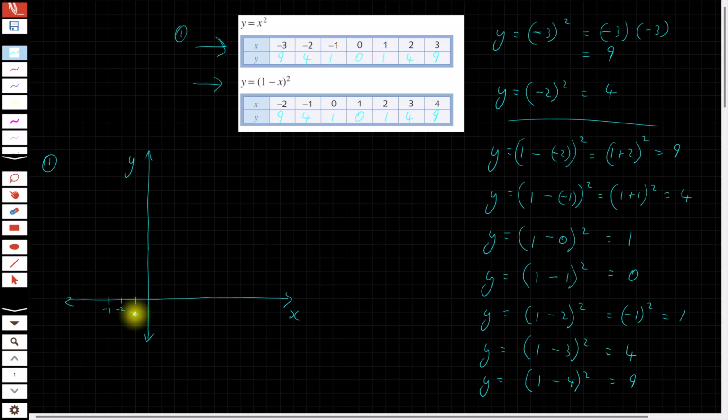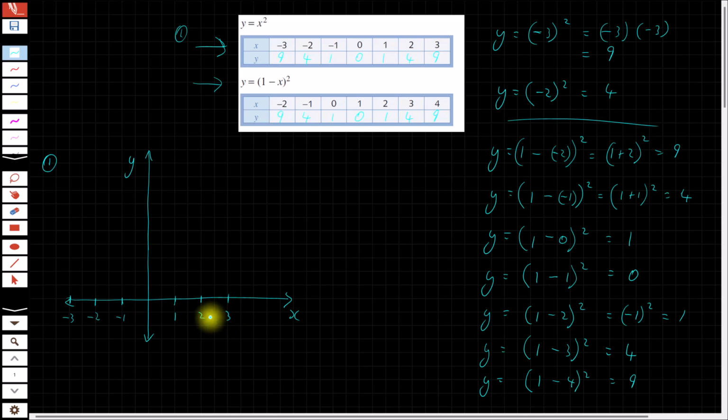That might be a bit squashed up. I might expand that a little bit more. Might put -1 here, -2, and -3 just on the edge. Then 1, 2, 3.